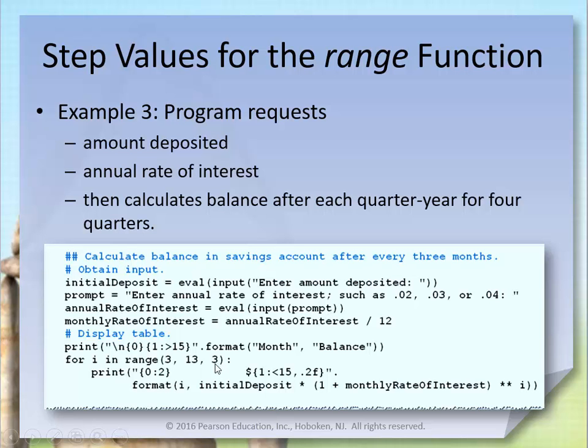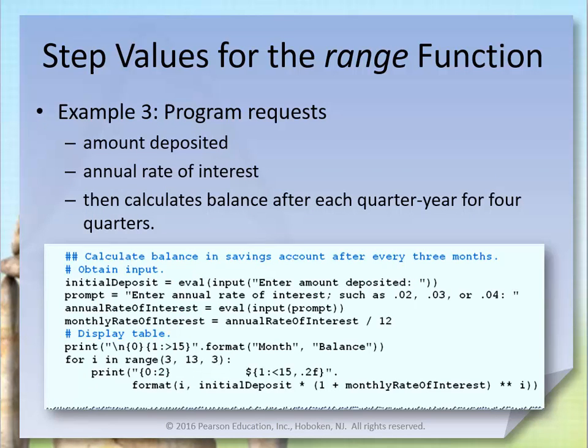So this is a way of looking at a year done by quarters, a quarterly report if you want. So the first item is going to be the end of the first quarter, and the last item is going to be the end of the year.